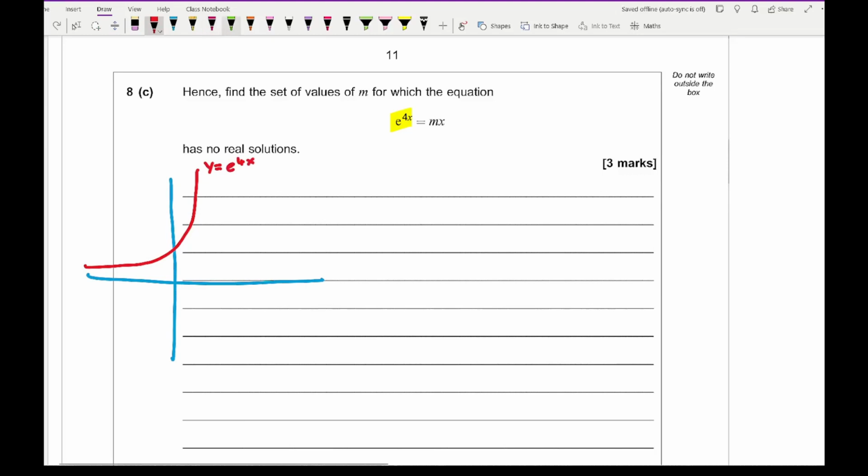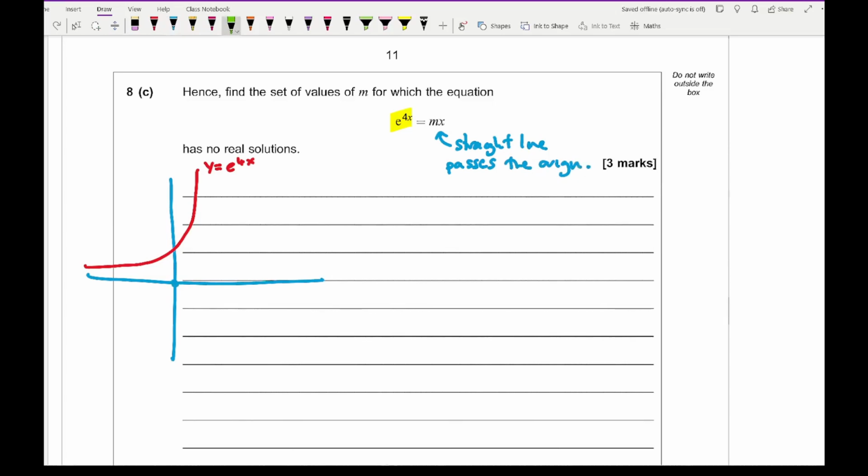Now to start off with, we know that y equals mx is a straight line, and it passes through the origin, so we know it's going to intercept here.